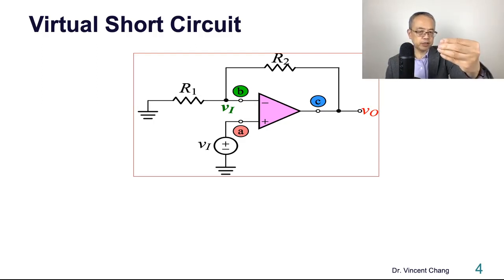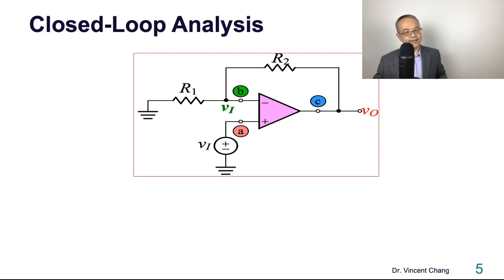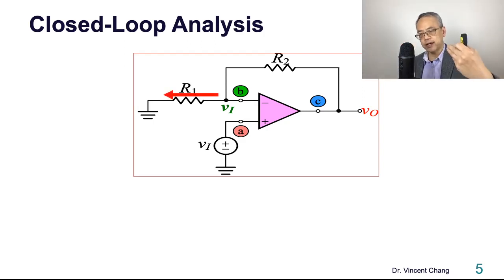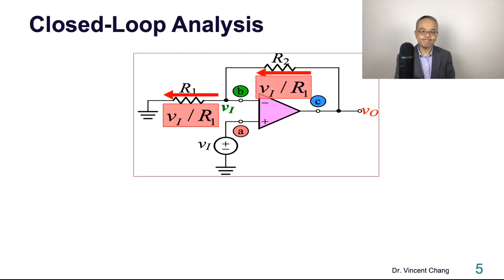Therefore, the voltage at the inverting terminal of the op-amp will be equal to the external input signal Vi. Closed loop analysis. You can get this current, right? Vi divided by R1. And then there's no current going into the op-amp, so the current flowing through R2 will be equal to that through R1.